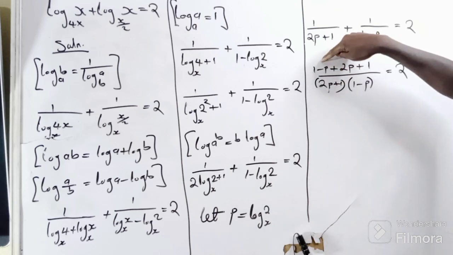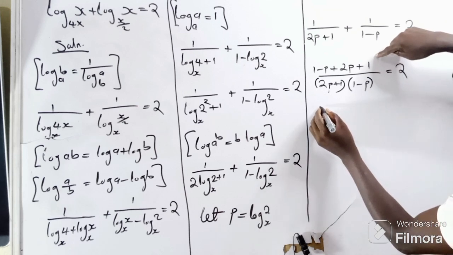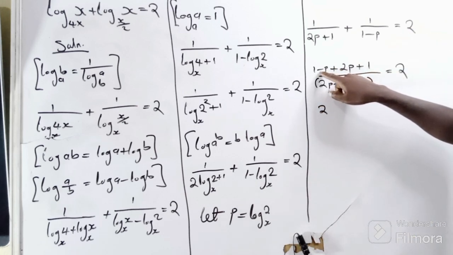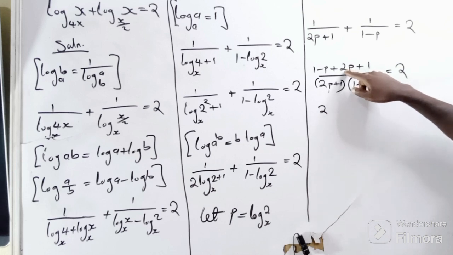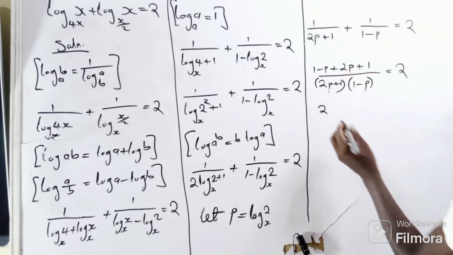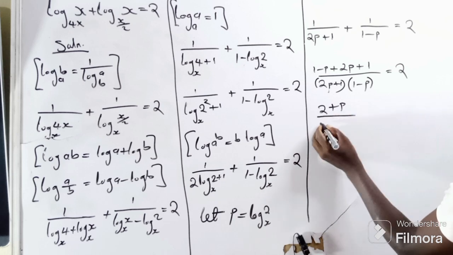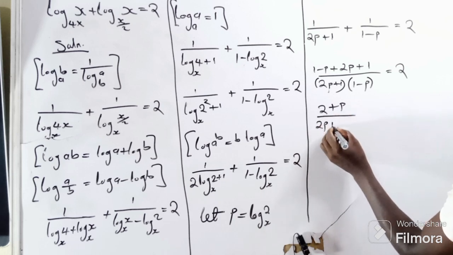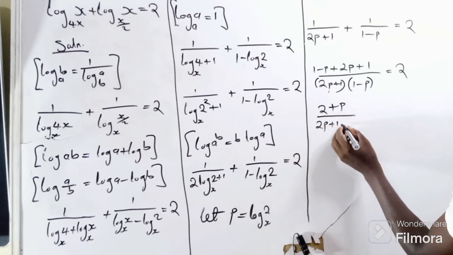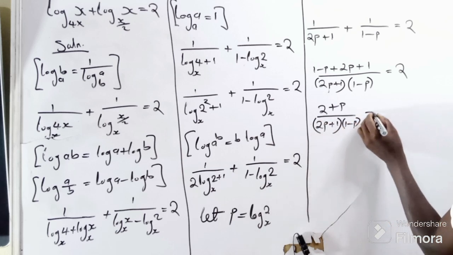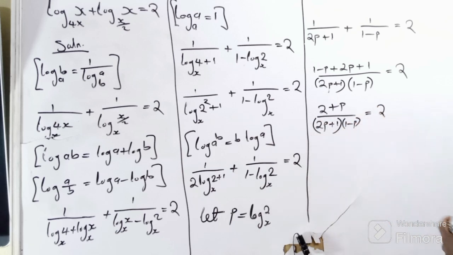So 1 plus 1 is 2. Then minus p plus 2p is the same thing as 2p minus p, which is plus p, divided by 2p plus 1 into 1 minus p.